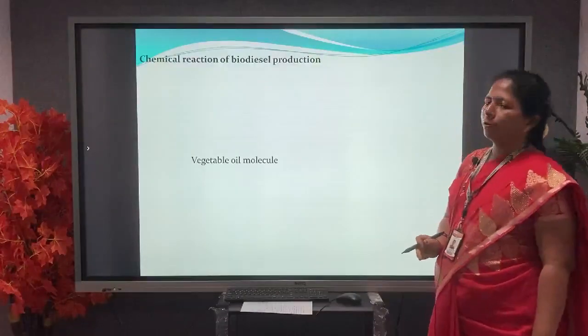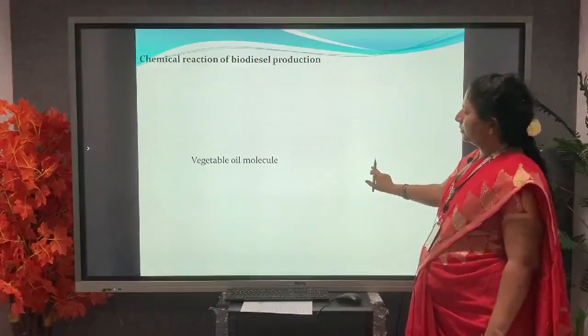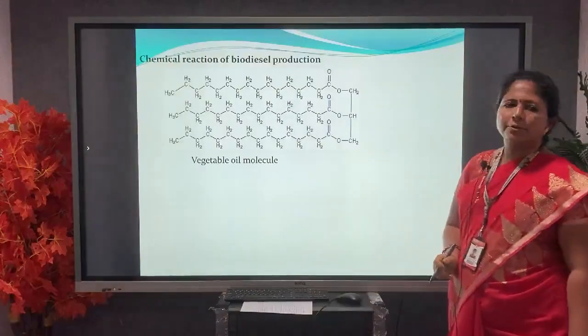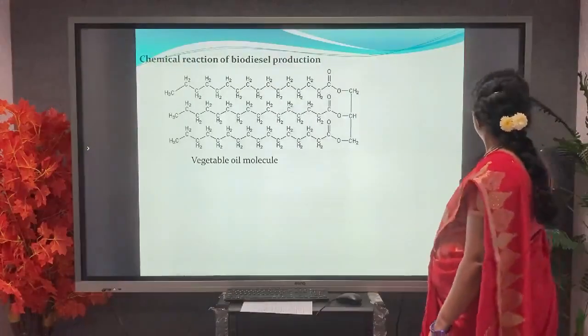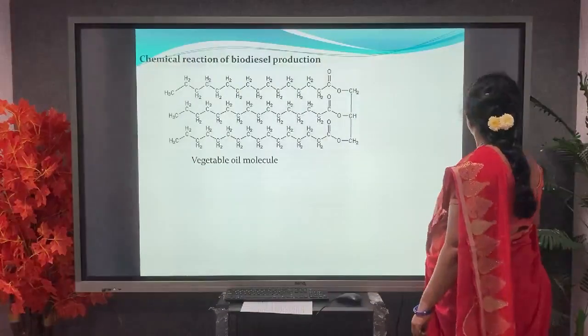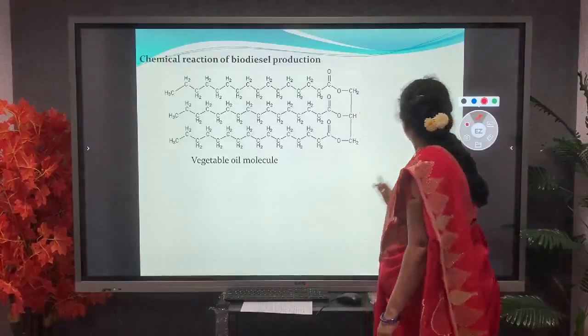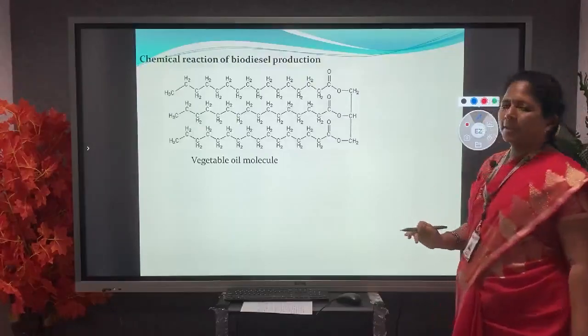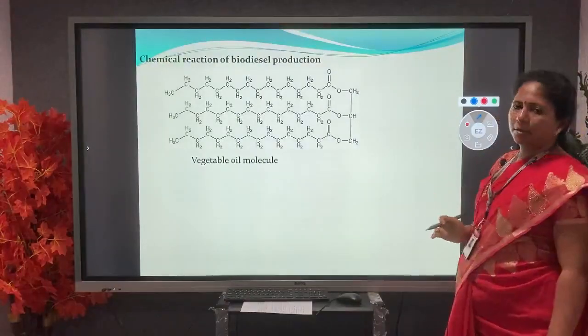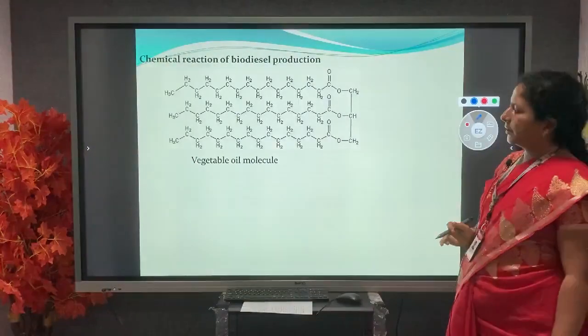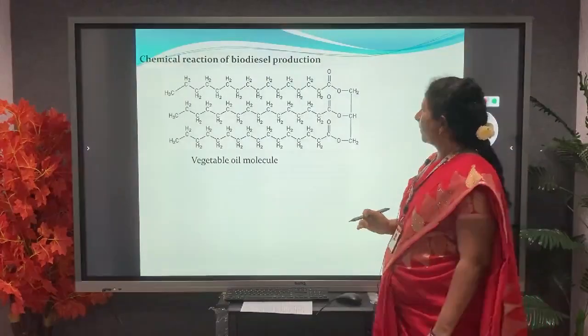Next, chemical reaction of biodiesel production. So this is the vegetable oil molecule. Already I showed you in the earlier slide the production of biodiesel using the flow diagram.